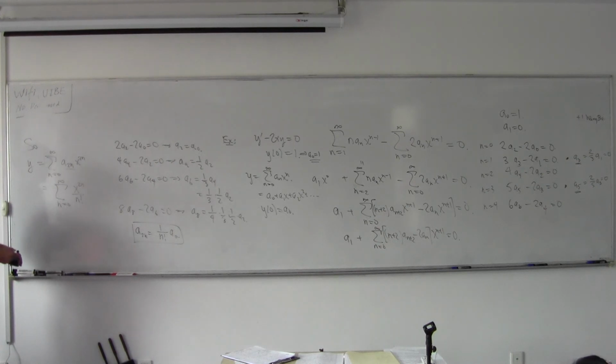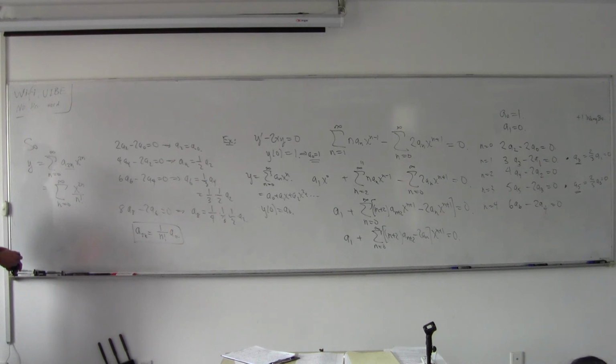Now, what is that? Does anyone recognize that? x to the 2n over n factorial. e to the 2x?